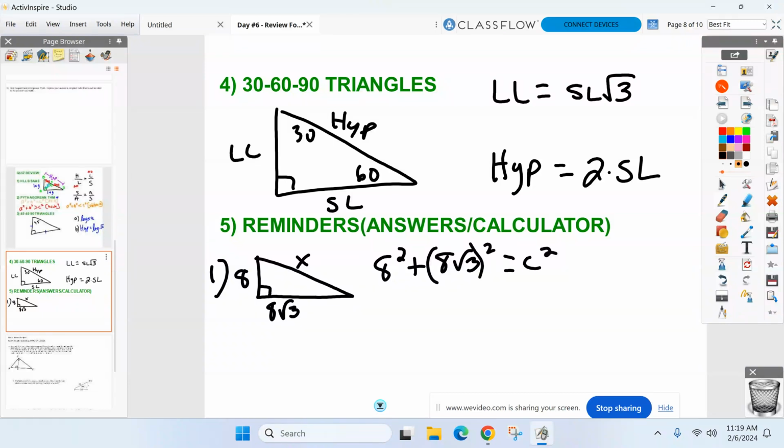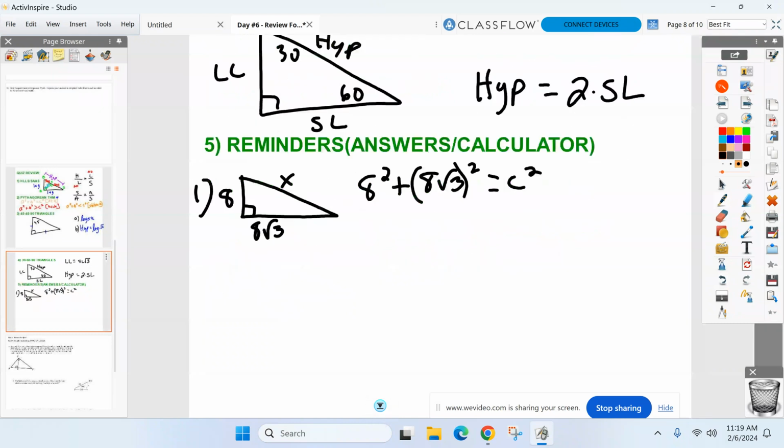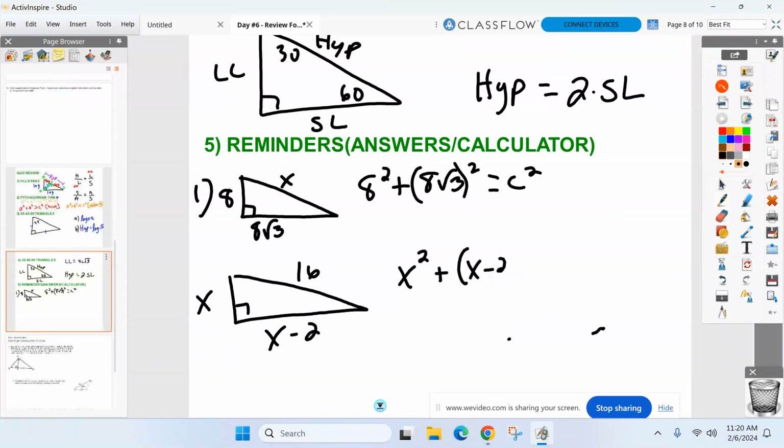Also tomorrow, it's been a while, and I don't know how many of you look at your notes at all to review. What happens if I pull this on you tomorrow? I'm just making this up. Solve for x. So we have x squared plus (x minus 2) squared equals 16.